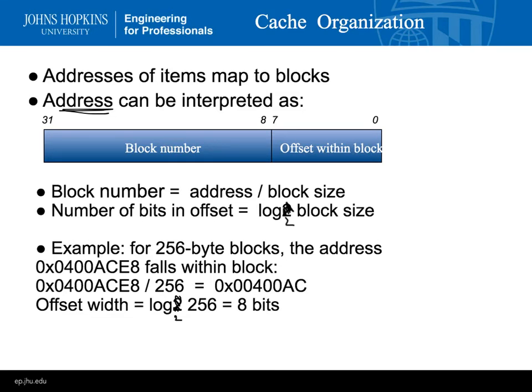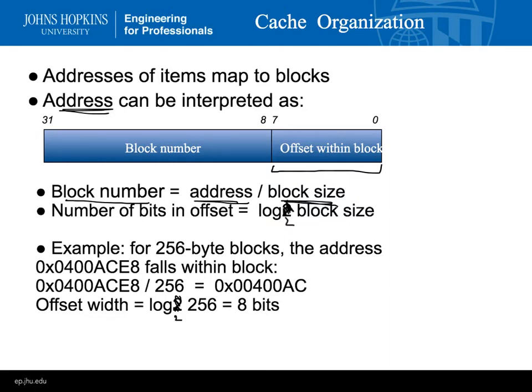Again, the block number, as we talked about earlier, is the address divided by the block size. Once we have the block number, we can figure out, based on the lower bits, where it is in the block.